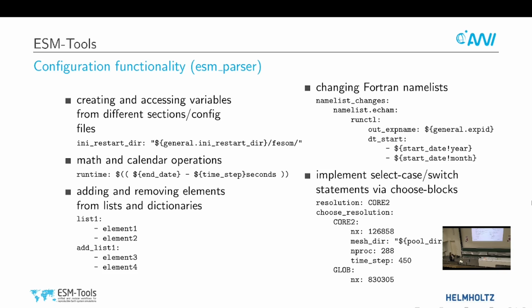Maybe the most important is on the lower right. You can actually have kind of if statements in the YAML file, like these choose blocks. You can set a variable, and depending on that, in the same file or even in another file, you can set other variables that depend on the first variable you set. And we have some variables that you can use from different configuration files, and some math or calendar operations.